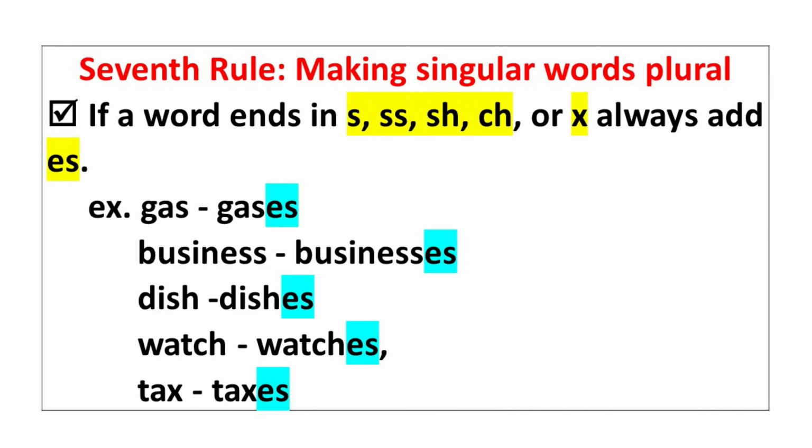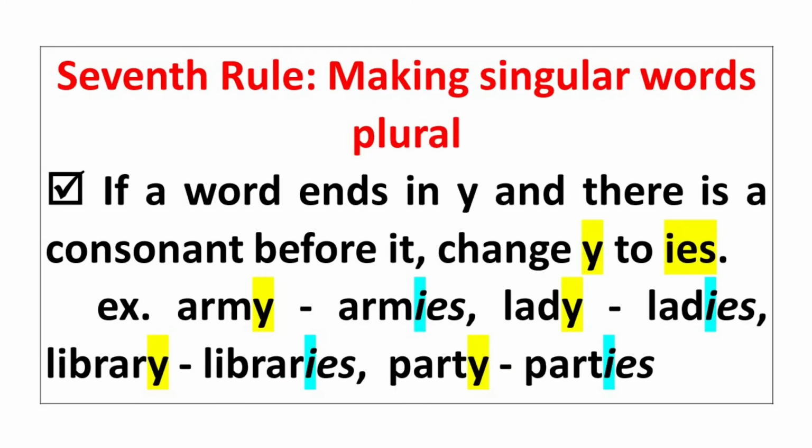Second, if a word ends in s, ss, sh, ch, or x, always add es. For example, gas, gases, business, businesses, dish, dishes, watch, watches, tax, taxes.